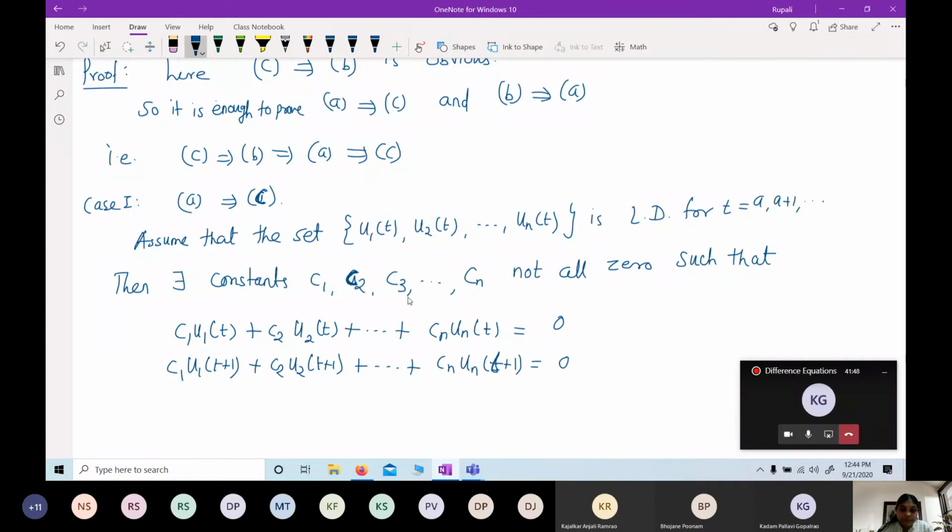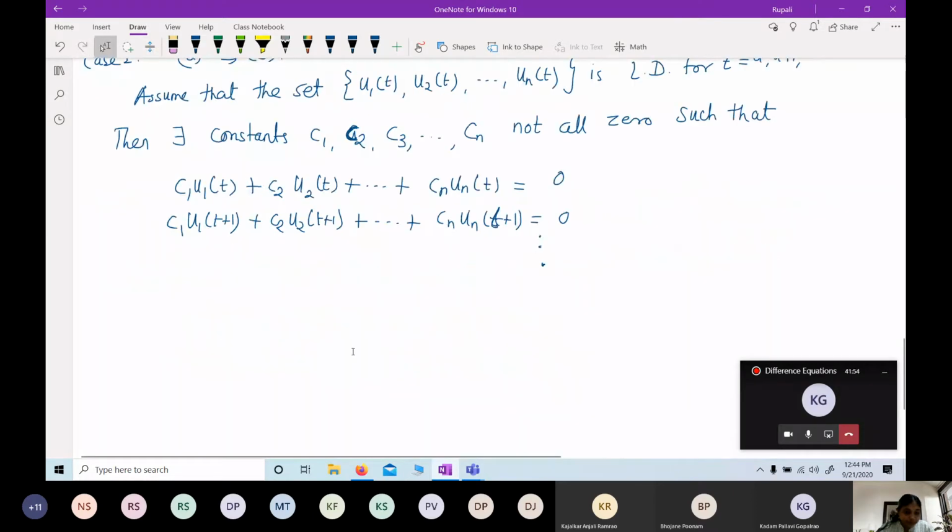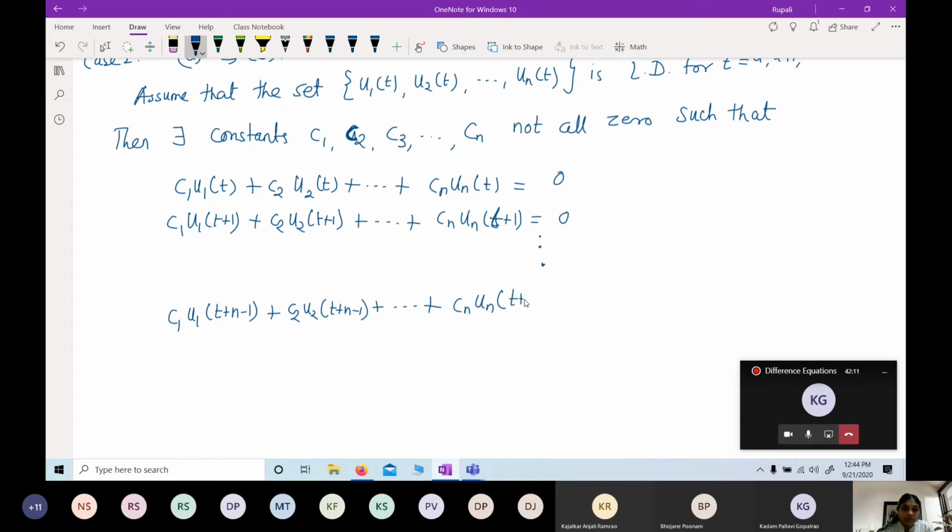Is that okay? So how many equations will we have? c1 u1(t plus n minus 1) plus c2 u2(t plus n minus 1) and so on, cn un(t plus n minus 1) will also be 0, right?